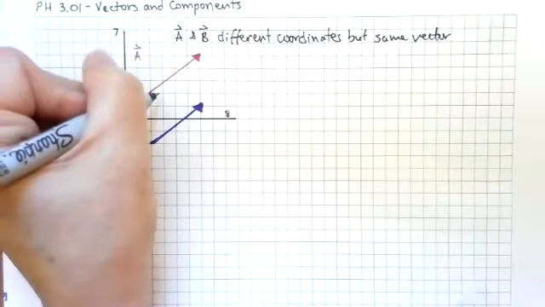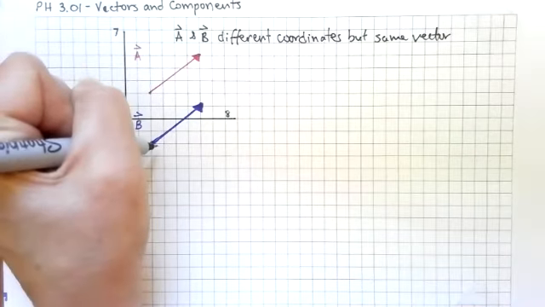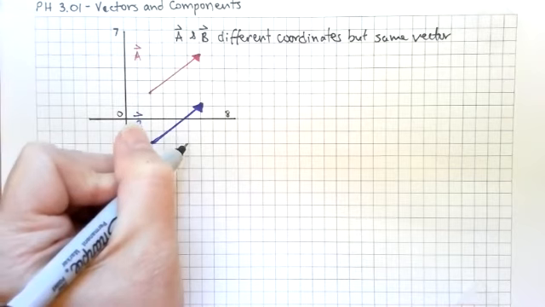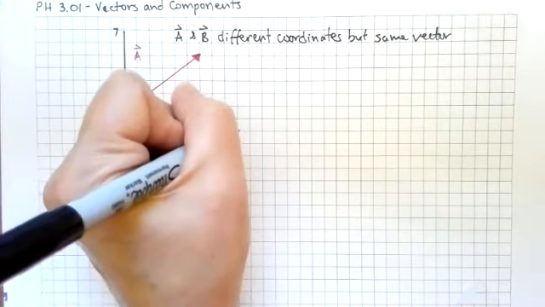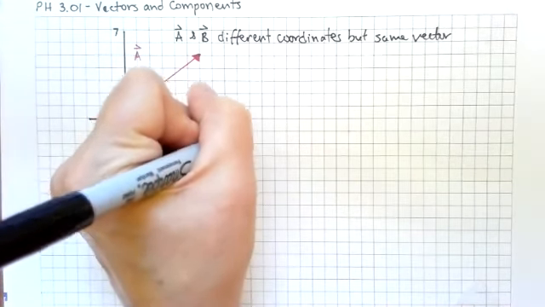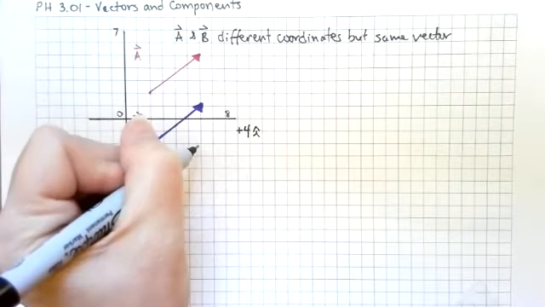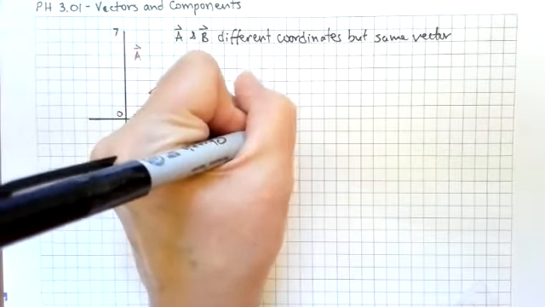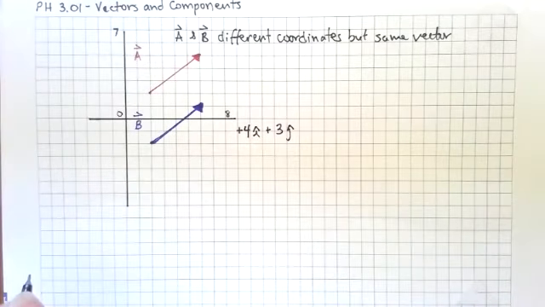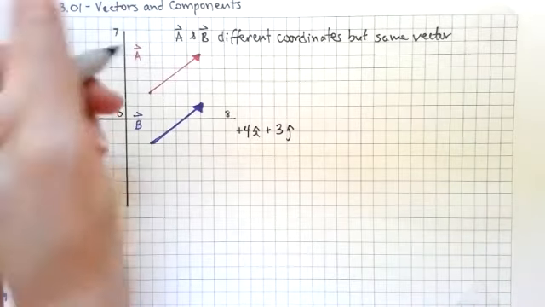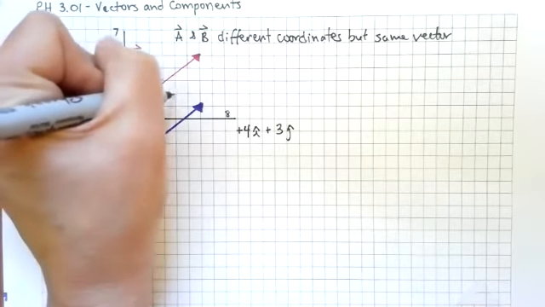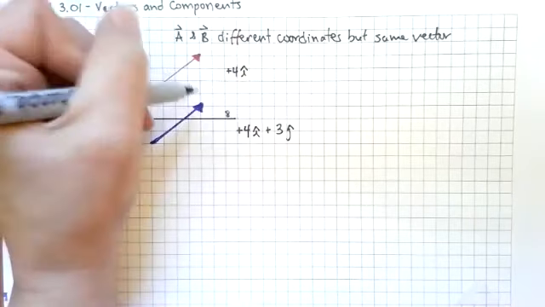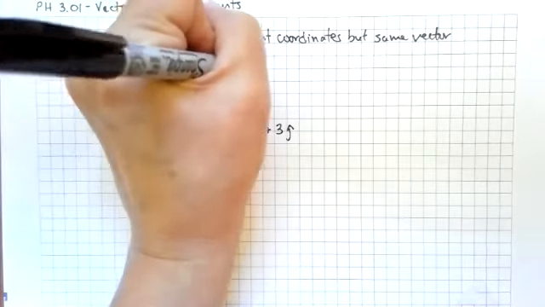Now, I don't have an angle here, but that's okay because now I'm on graph paper and so I can count blocks. So this is 1, 2, 3, 4 in the horizontal, so this is going to be positive 4i. And I'm 1, 2, 3 in the vertical. Likewise, here I go 1, 2, 3, 4, and here I go 1, 2, 3.